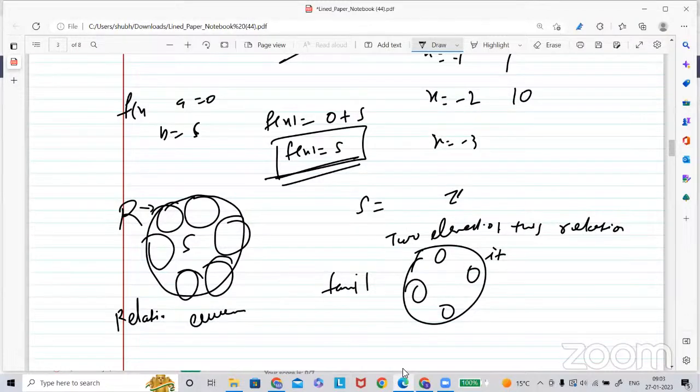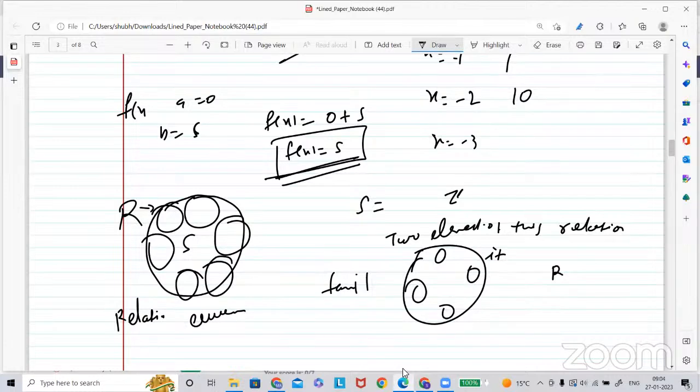So the relation is on the family members. I am defining a relation R on this set: two members of this set are related if those two are children of the same parent.